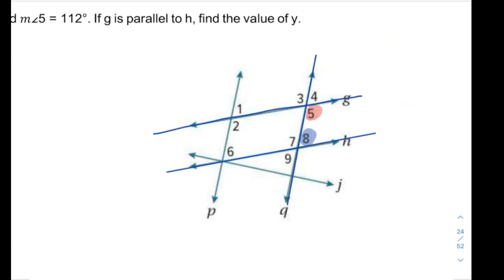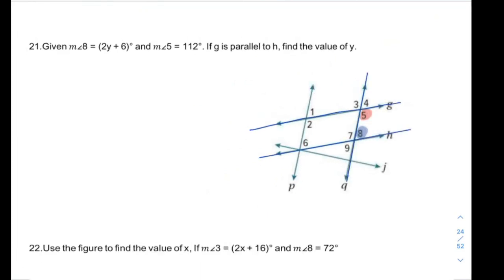Angles 5 and 8 are located in such a way that they are what? Consecutive interior angles. Consecutive interior angles have a sum of 180. So measure of angle 5 plus measure of angle 8 is equal to 180.